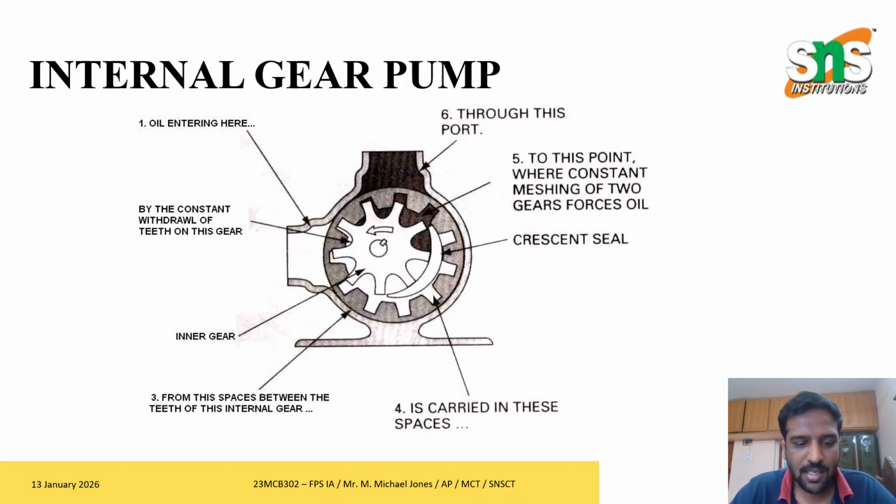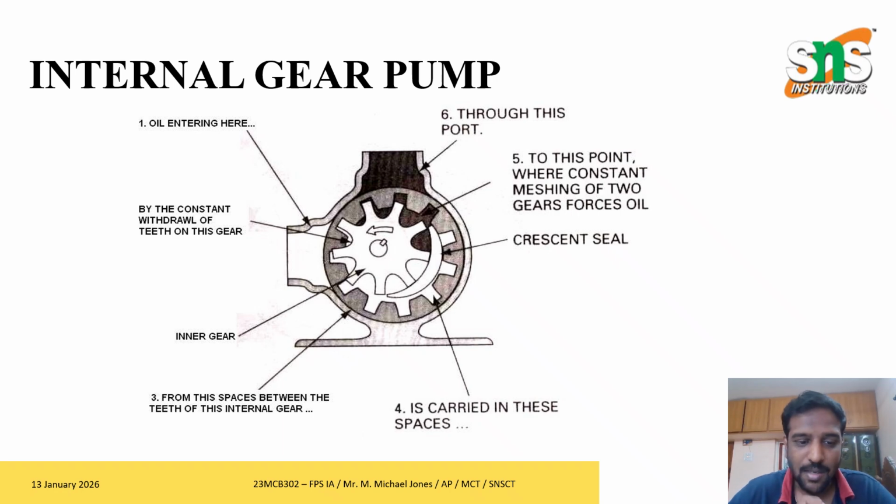Now let us take a closer look at the internal gear pump. In this internal gear pump, we have the internal gear, a regular spur gear, and a crescent shaped seal in the external housing. That crescent seal plays a very major role here. The fluid is trapped and moves along this seal.